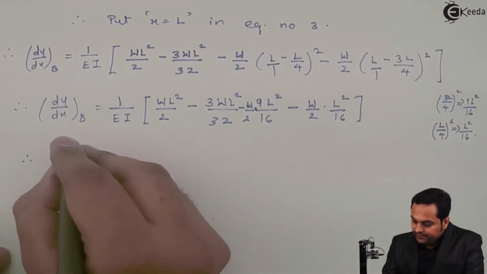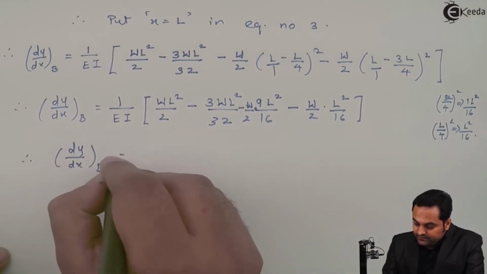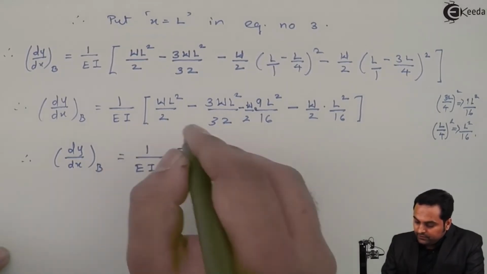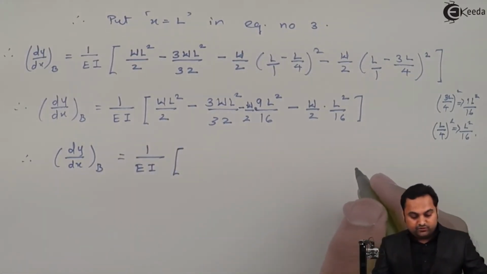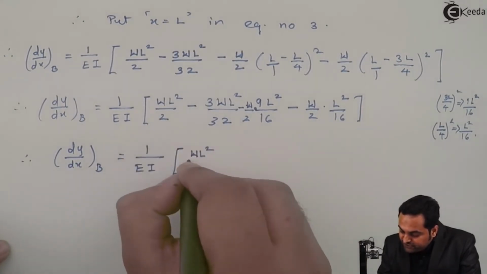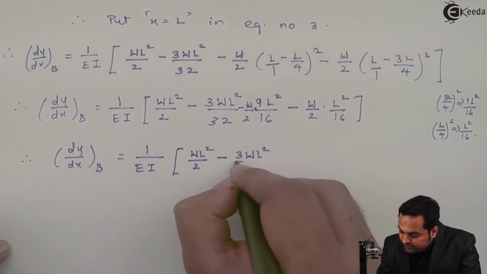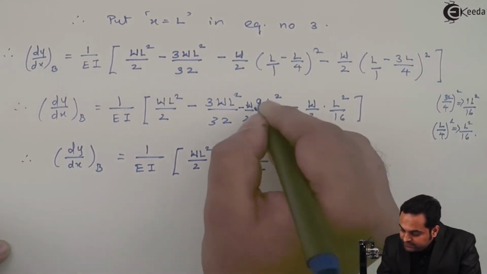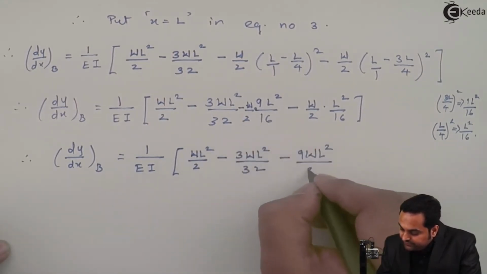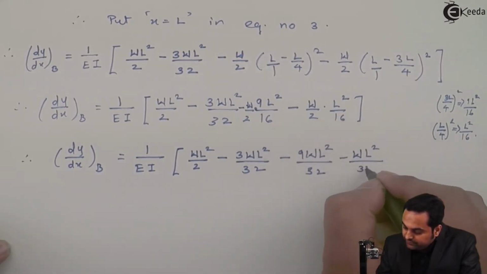Therefore, dy by dx at B is equal to 1 upon EI. Here we have, the first term was WL square by 2, minus 3 WL square by 32, minus 9 WL square upon 2 into 16, 32, minus WL square upon 2 into 16, 32.